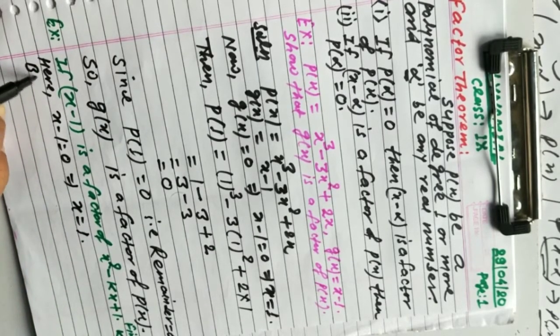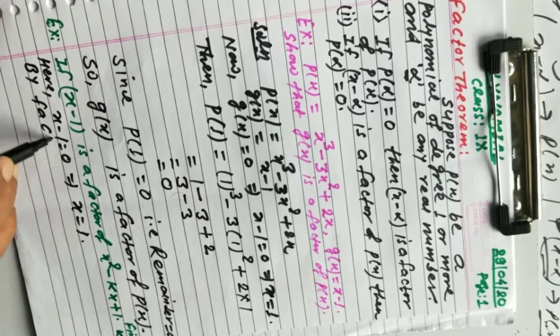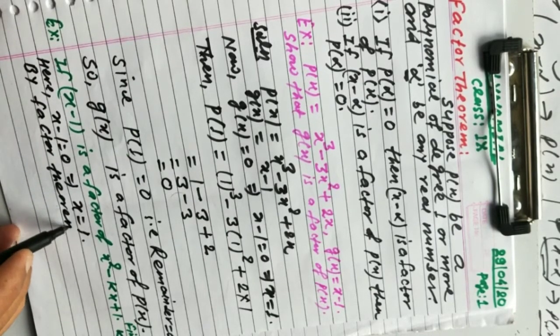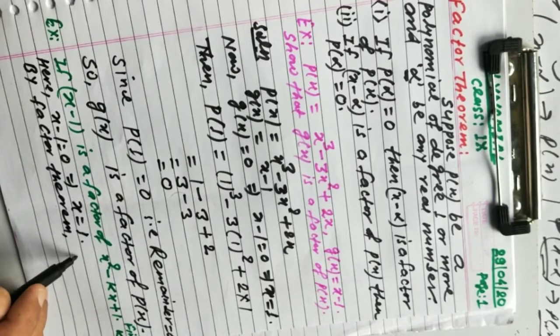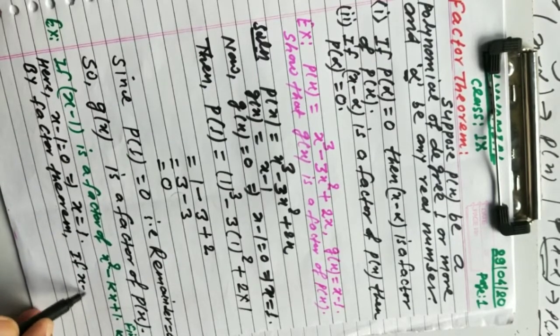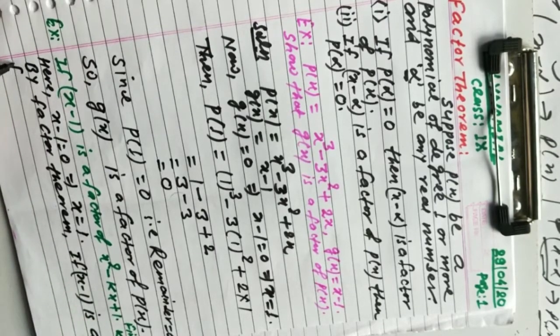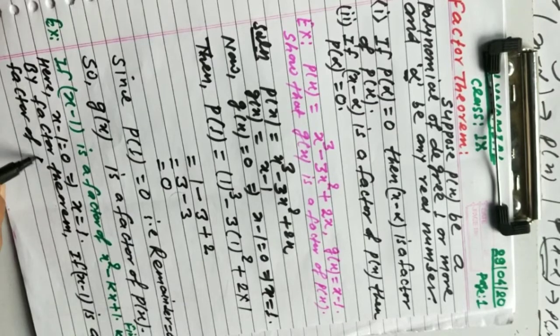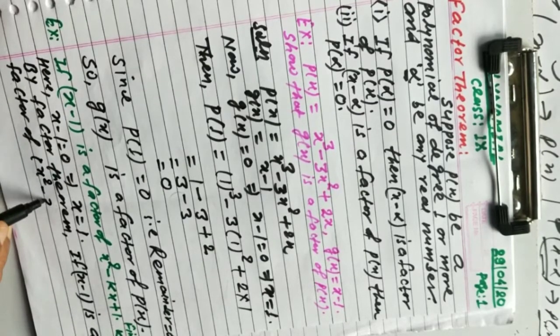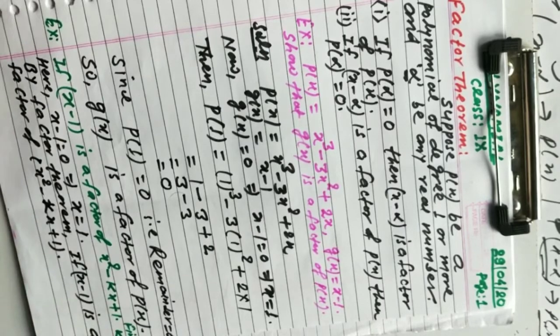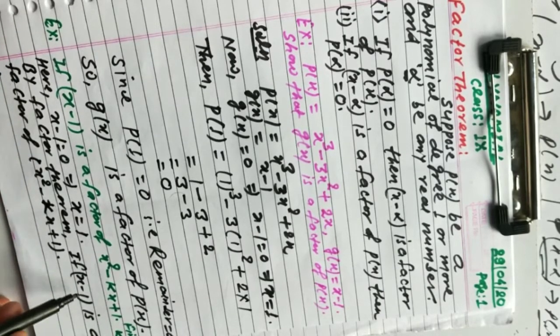Now by factor theorem, if x minus 1 is a factor of x square minus kx plus 1, this implies that now replace x by 1.